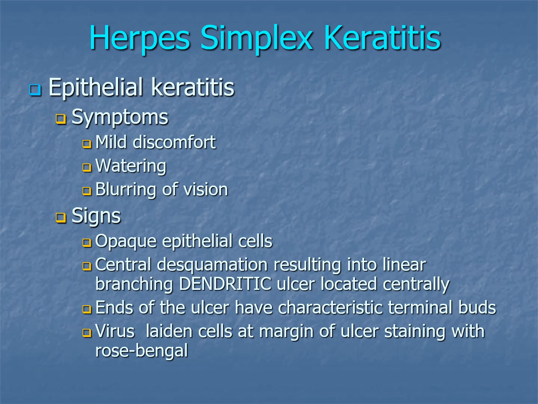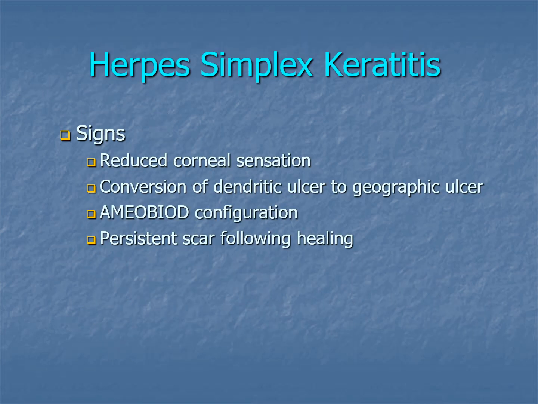This dendritic ulcer has peculiar features. The ends of the ulcer have characteristic terminal buds, and the virus-laden cells at the margin are stained more with rose bengal, and the bed of the ulcer is stained more with fluorescein.